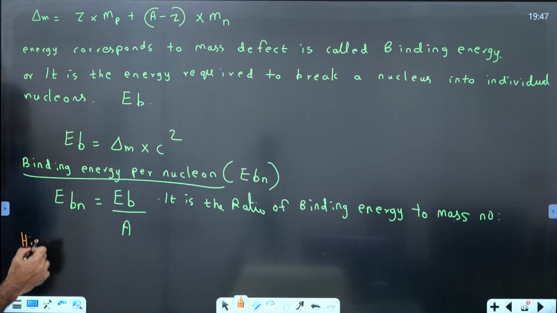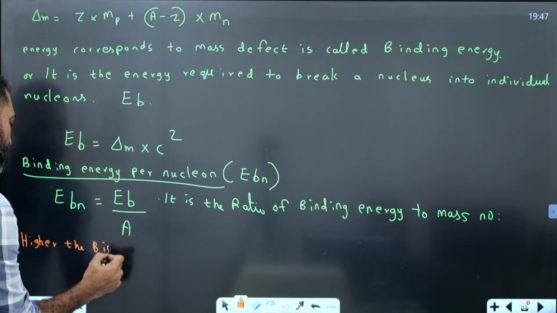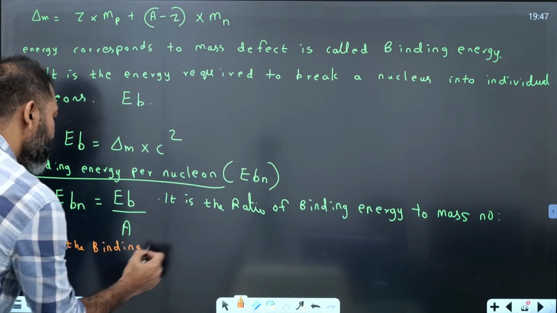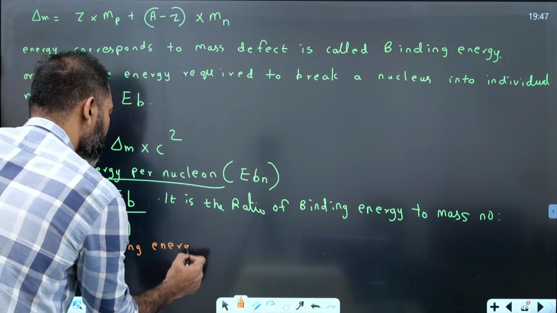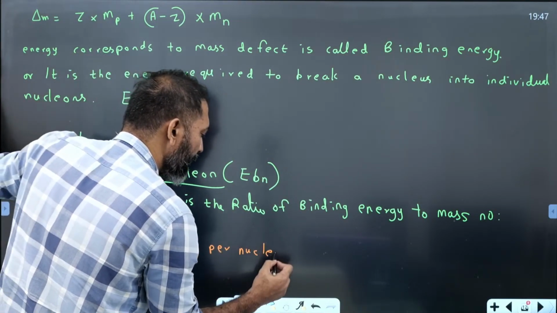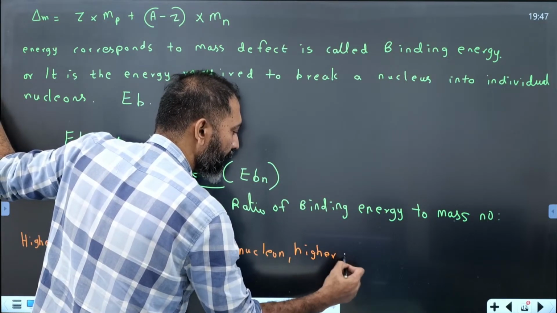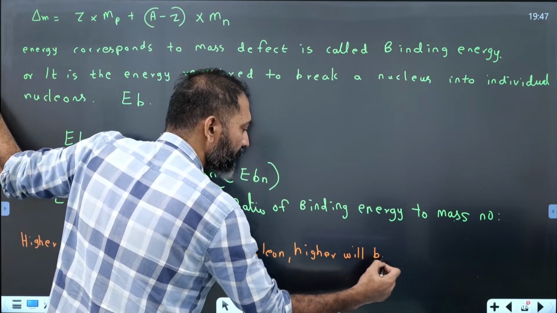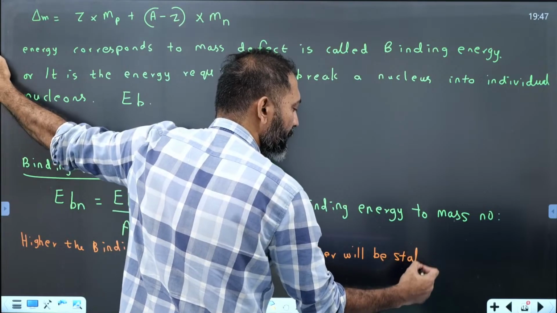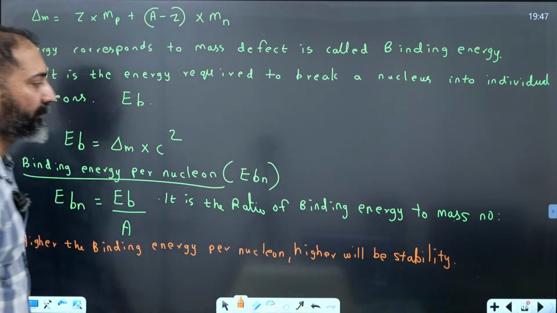Higher the binding energy per nucleon, higher will be the stability.